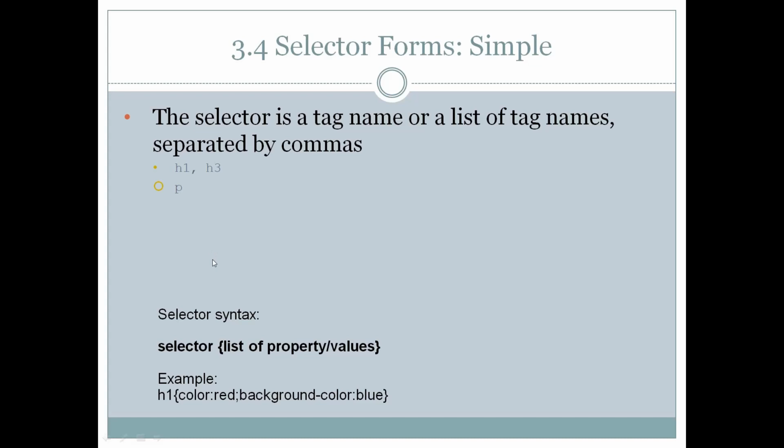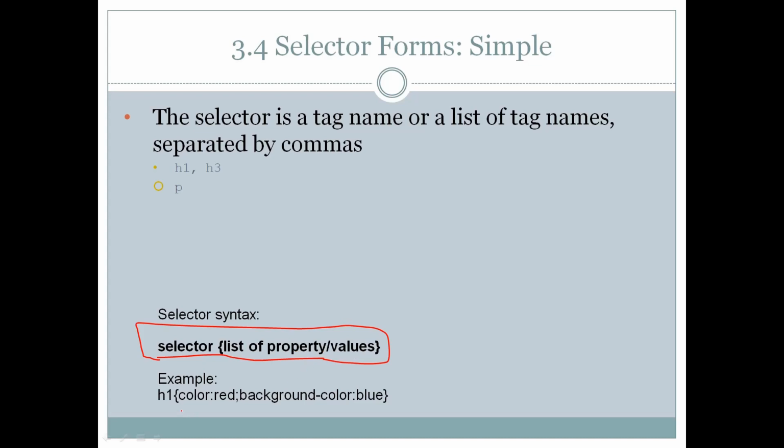Okay, first let us see the syntax of a selector, which we studied in the last session as well. This is the syntax showing how the presentation details are applied in case of document level style sheet and external level style sheet. It is selector, then in curly brackets a list of properties and list of values.